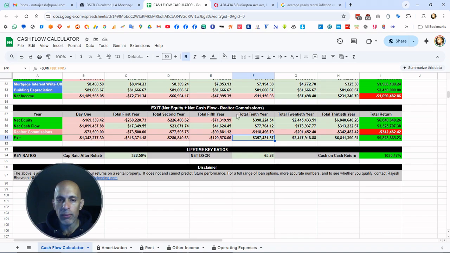So somewhere between year 5 and year 10 is your break-even point. At year 10, you're making a $357,000 profit. But at year 30, if you were to sell everything, add back in your cash flow and then deduct the realtor commissions, you're looking at a $9.8 million exit.